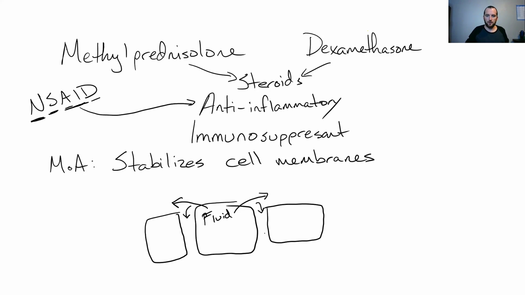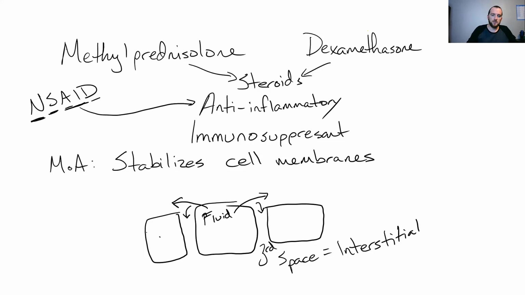That's where the term third spacing comes from. That third space is called the interstitial space. So the interstitial space is that third space. It's the space between the cells.